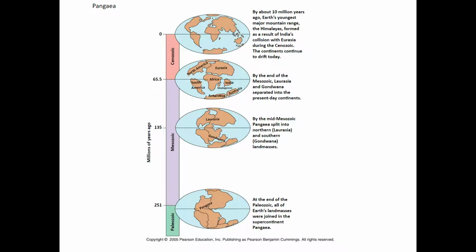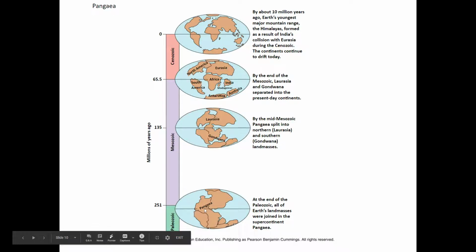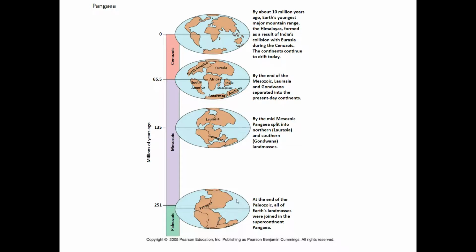The formation of Pangea separates the Paleozoic from the Mesozoic era, and those life forms that needed coastline. So you can imagine you're in this weird shaped continent, and then all of a sudden you're living on this coastline down here, and all of a sudden this thing slams into you, and now you're not on a coastline, you're in the middle of this giant continent. And that's not good if you need water.